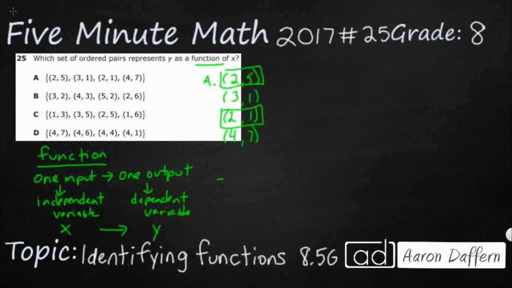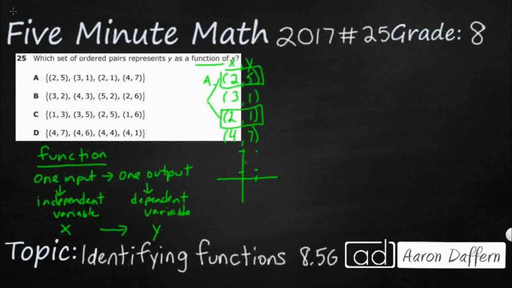So if I were to graph this, I would have the input of 2, but I would get not only 5, but I would also get 1. And those two don't work, simply because each input needs to have only one output.